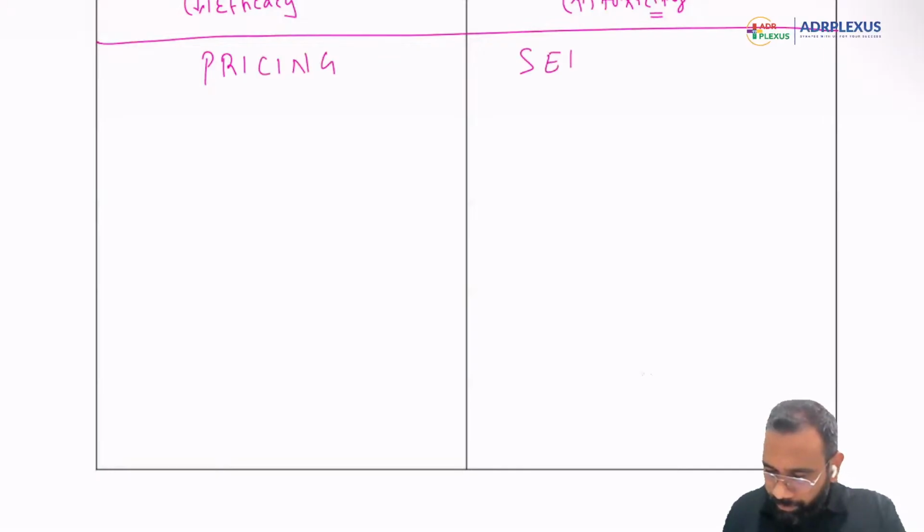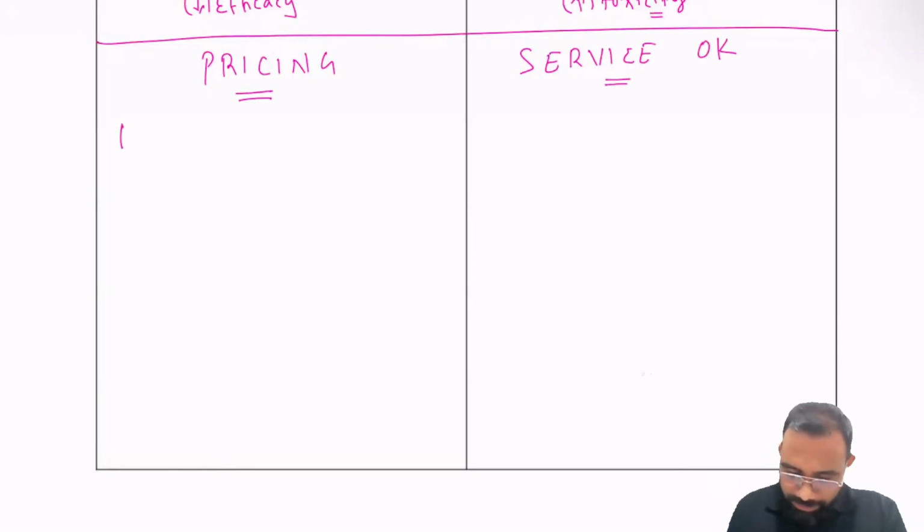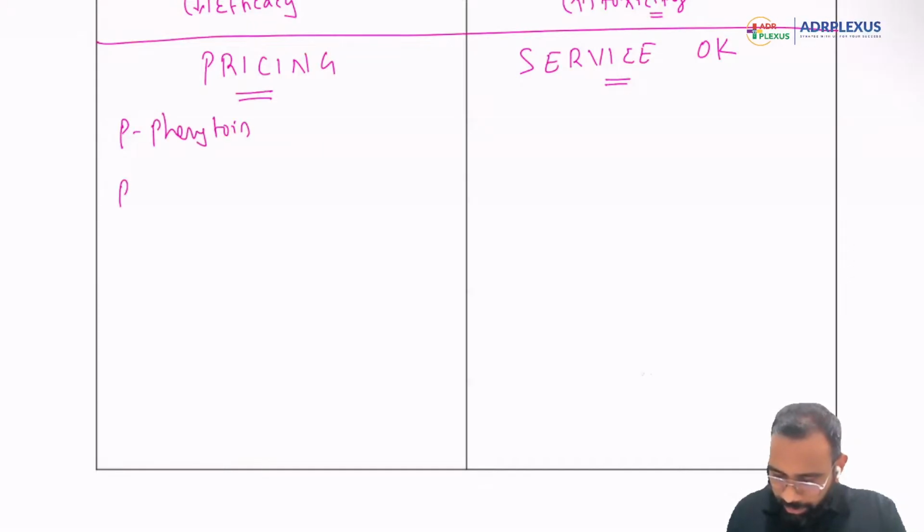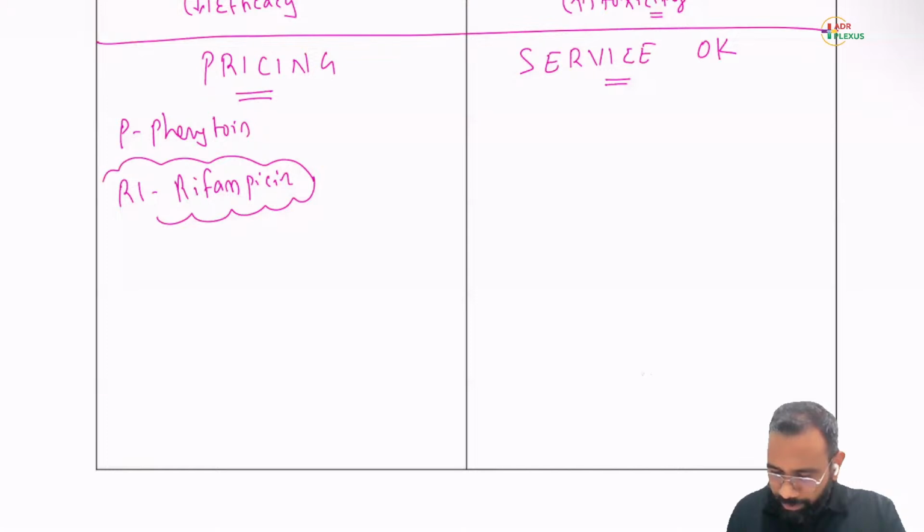Okay, this is what I told, right? So now let's see one by one. P, phenytoin, and RI, rifampicin. This is what we have got in the question here. Rifampicin is an enzyme inducer.